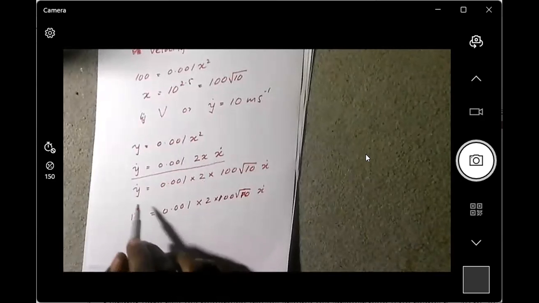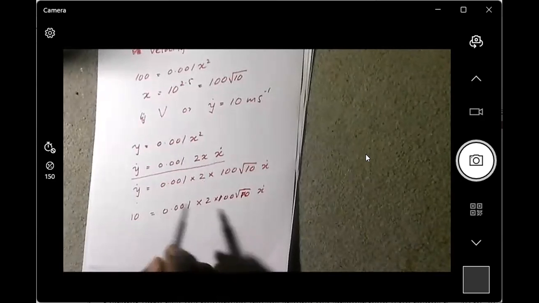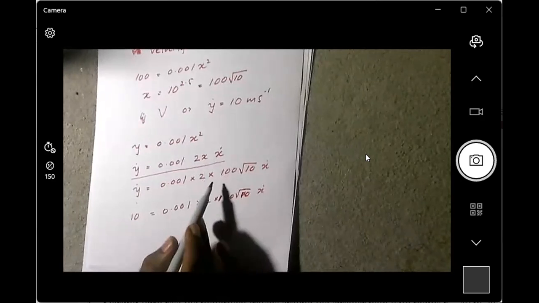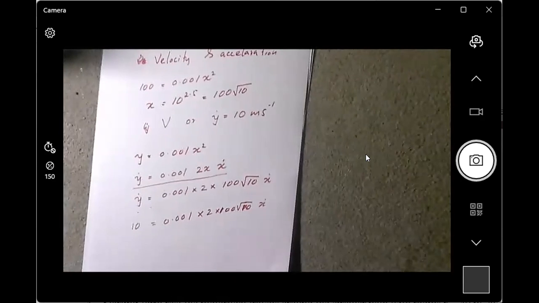Right? If you differentiate this one, it is not going to work because this is a particular instant when the plane is at this point. Right? You always have to differentiate the general equation.